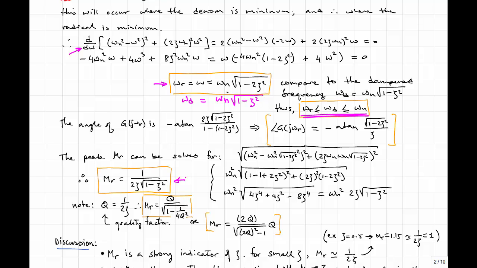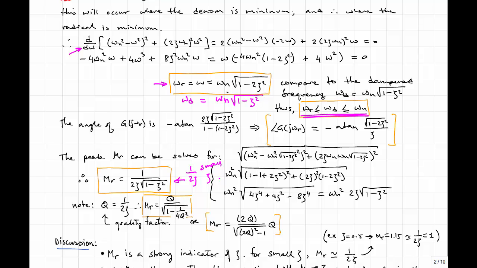Notice that for small zetas, the square root term approaches 1, and so we end up with an approximate Mr of 1 over 2 zeta for small zetas. And that's convenient because you may recall that there is also another term associated with second-order systems, and that is the quality factor.